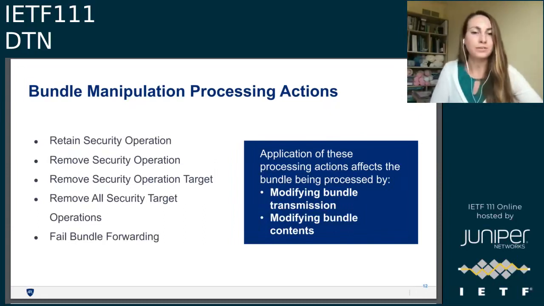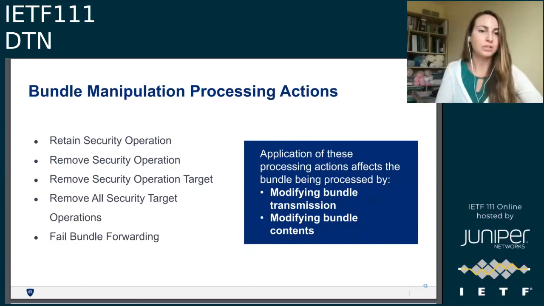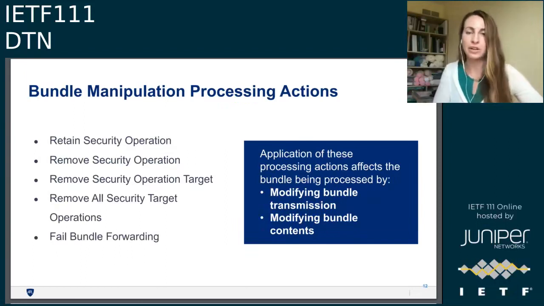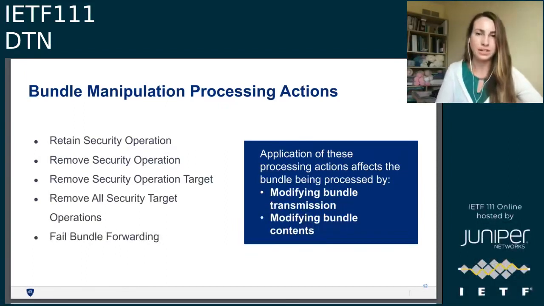To modify the bundle contents, this would be the retention or removal of blocks within that bundle. We can remove the security operation, which is represented as a security block. We can remove its target. We can retain that security operation within the bundle, and we can also remove all of the security target operations. Does that get us closer to an answer?